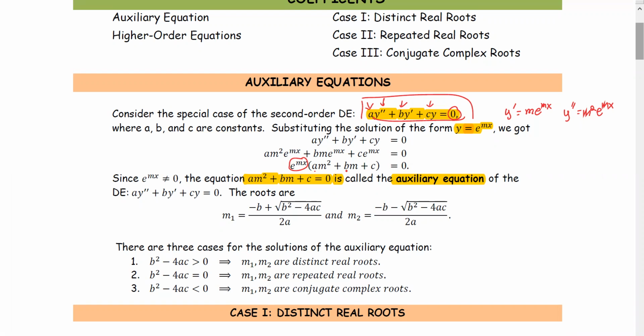M squared from finding the second derivative, m from finding the first derivative. E to the power mx, which is an exponential function, is not zero, and it never will be zero. Therefore, am squared plus bm plus c must be zero. And this equation is called the auxiliary equation, and sometimes we call it the characteristic equation.